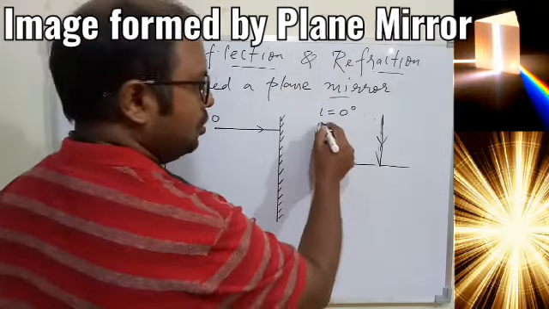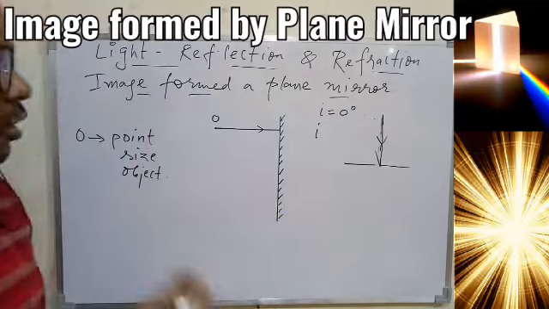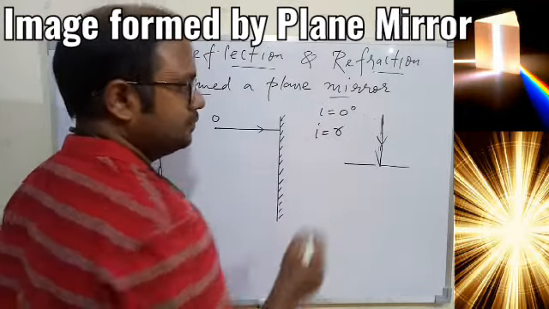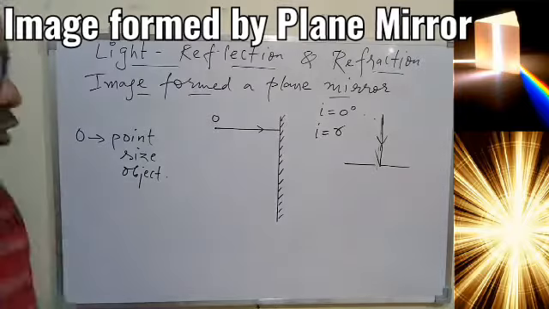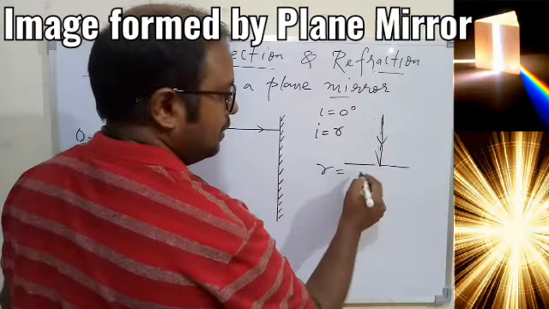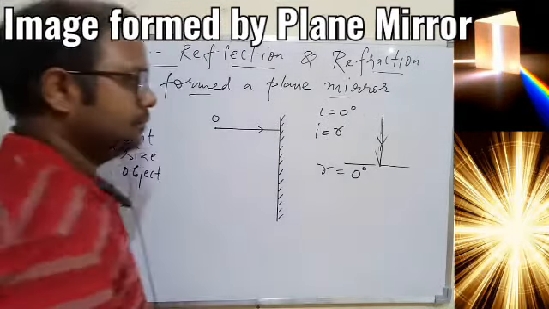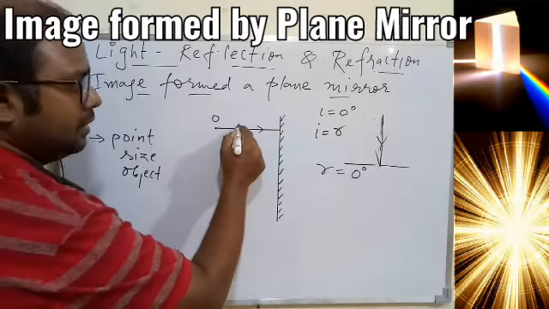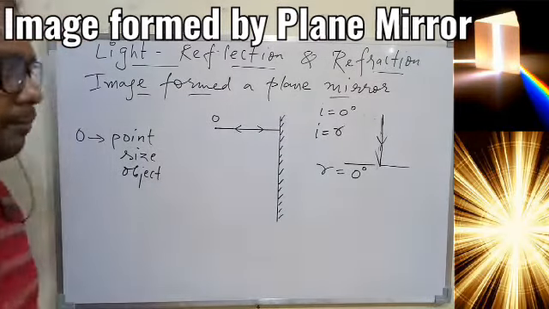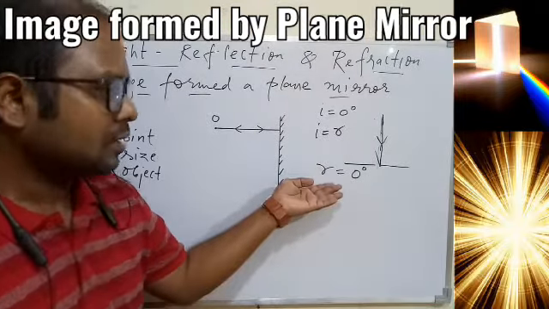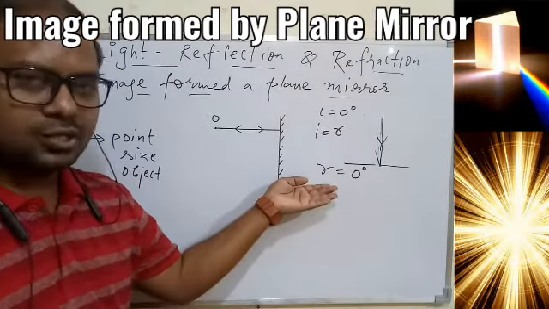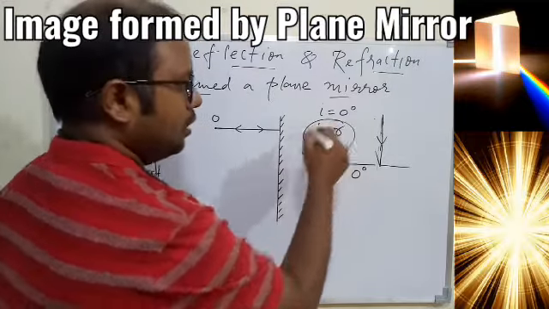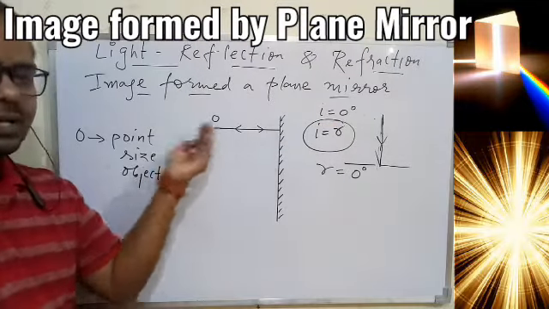And we know, according to the law of reflection, I is equal to R. So R must be equal to 0 degree, meaning the ray which is falling on the mirror will be reflected back, because the angle of reflection should also be 0 degree according to the law I equals R. So it is only possible if the ray is reflected back.